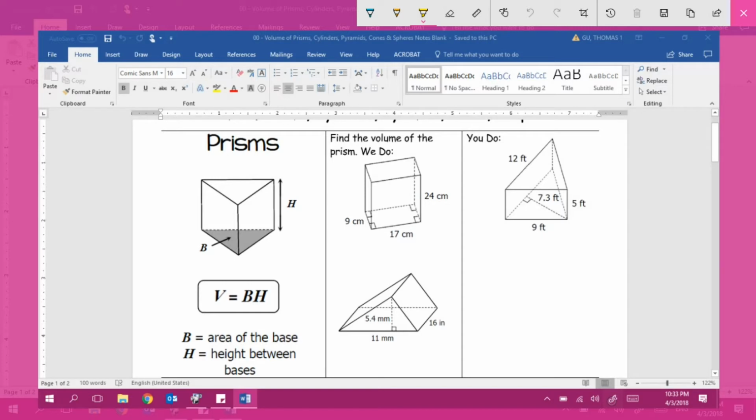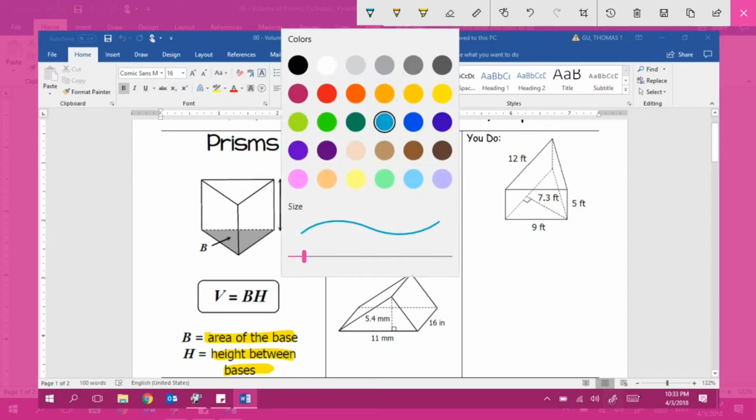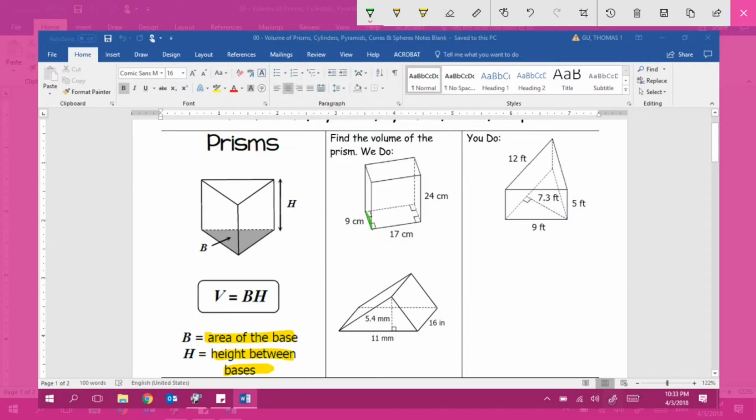The formula for prisms is volume equals BH, where B is the area of the base and H is the height between bases. So let's just look at an example. You see the first one right here, find the volume of the prism. Well, look, you can see the base is a rectangle. I'm looking for the area of that rectangle.